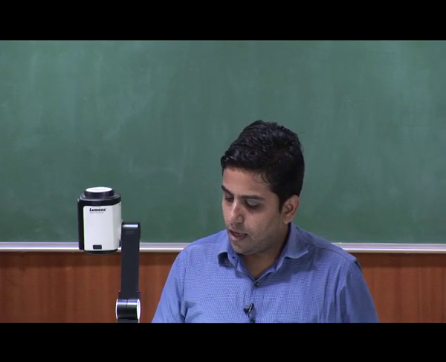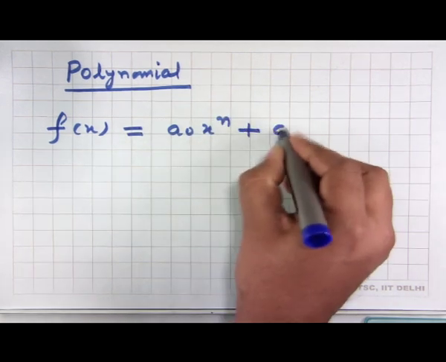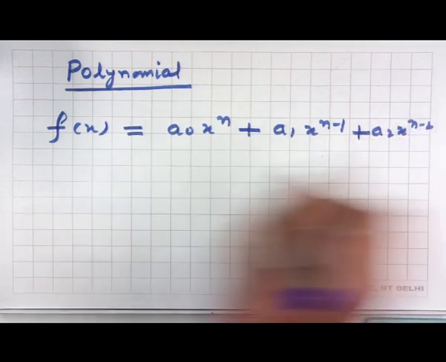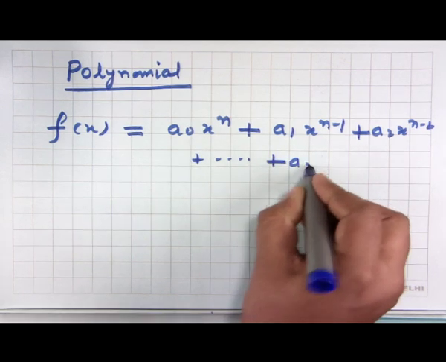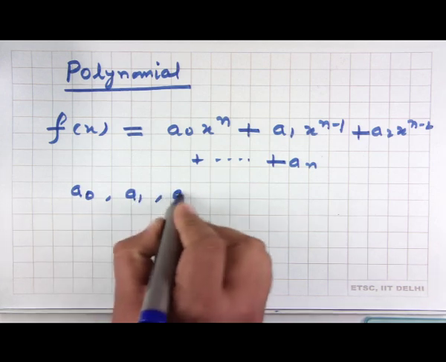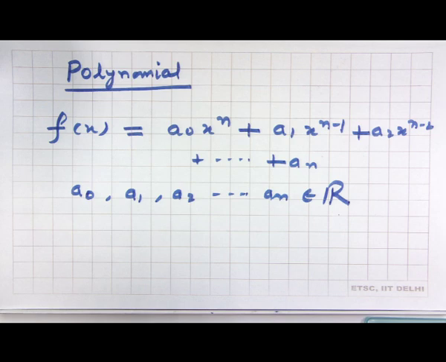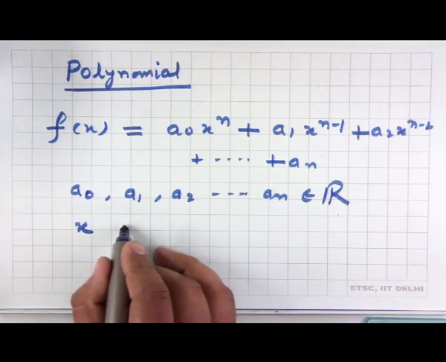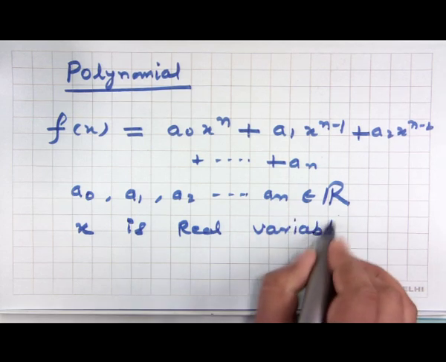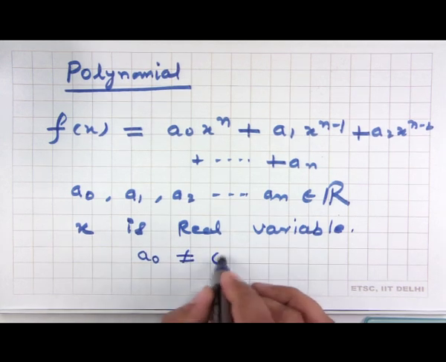Suppose f(x) equals a0 x to the power n plus a1 x to the power n minus 1 plus a2 x to the power n minus 2 up to an, where a0, a1, a2 are constants which belong to the real numbers, and x is a real variable, and one more important thing, a0 should not be equal to 0.